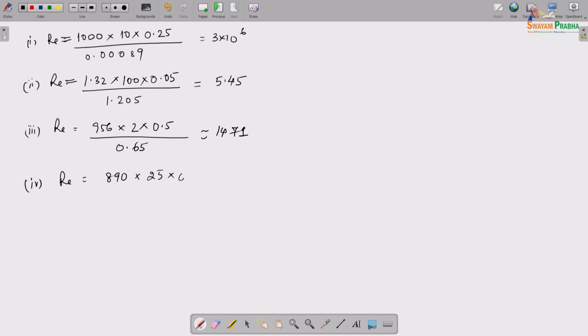rho uj diameter and nu, which is equal to about 3,500. This is 1,500.